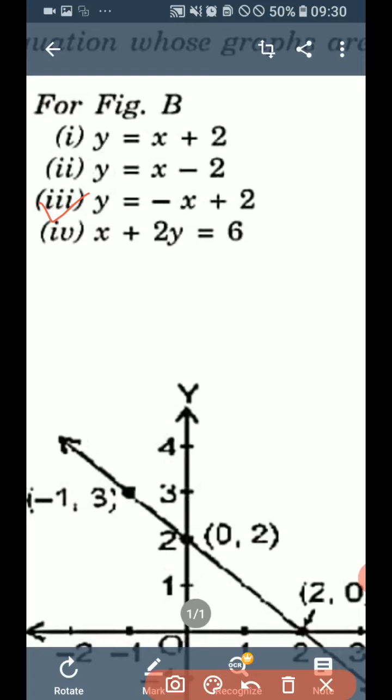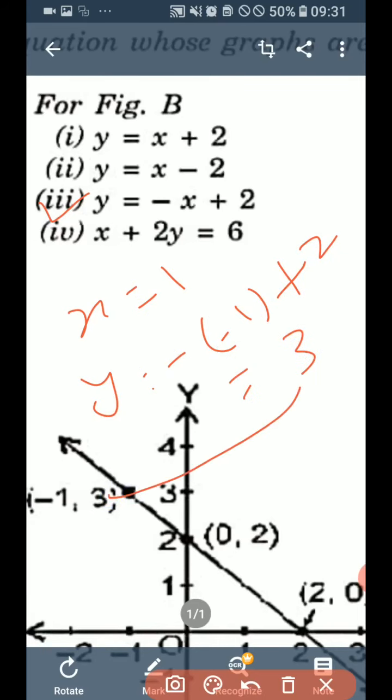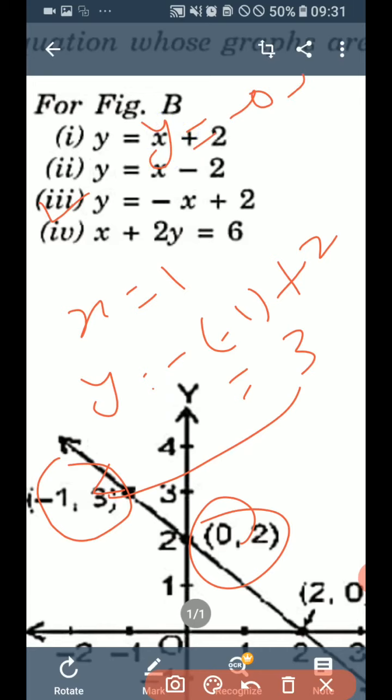If I put x equal to minus 1, I get y equal to minus 1 plus 2 equal to 3. I am getting y equal to 3. So this satisfies equation number 3rd. If I put x equal to 0, for the point number 2nd, 0 comma 2, then y equal to 0 plus 2, y equal to 2, right?